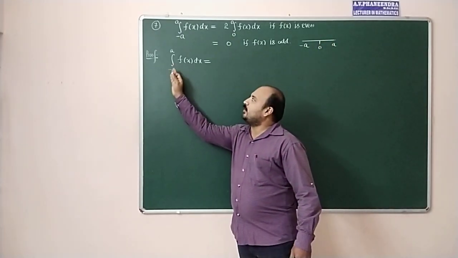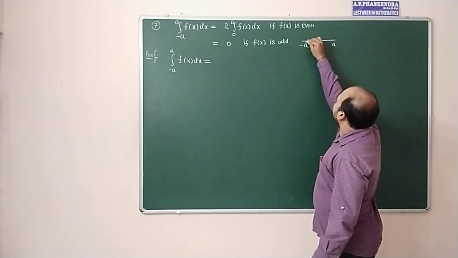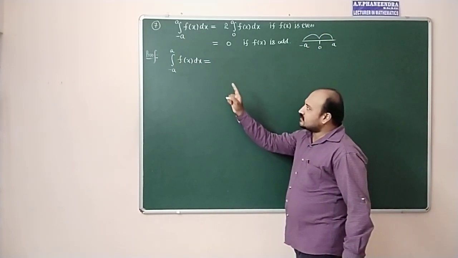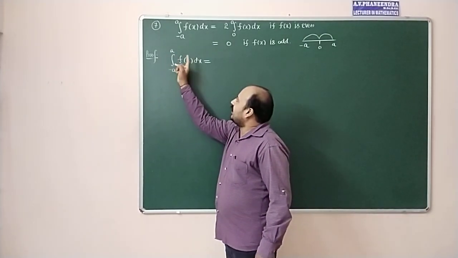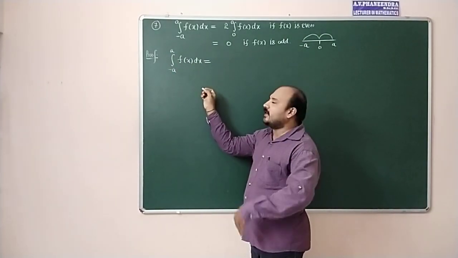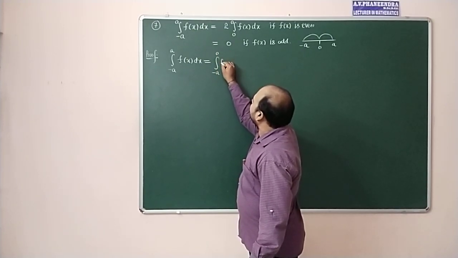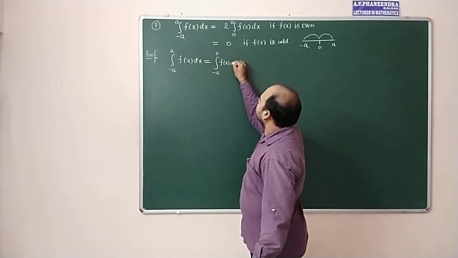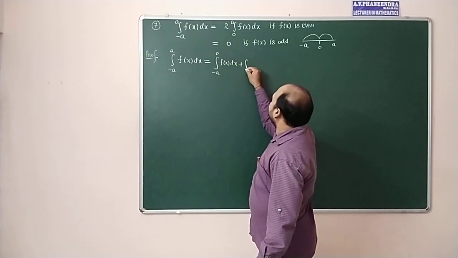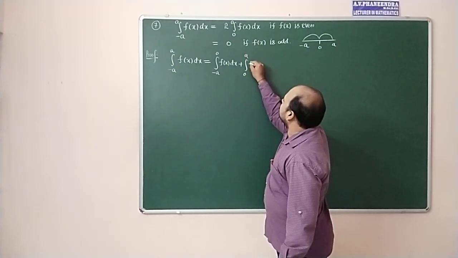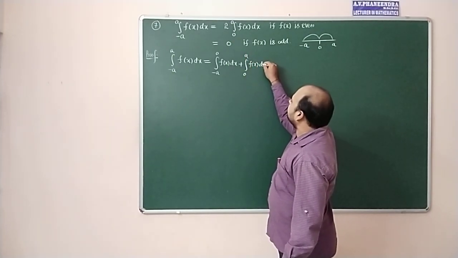So this interval from -a to a can be divided into two subintervals. That means the integral from -a to a of f(x) dx can be written as the integral from -a to 0 of f(x) dx plus the integral from 0 to a of f(x) dx. This is also one of the properties we discussed in the previous session.